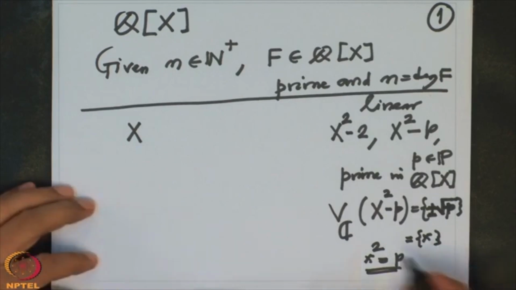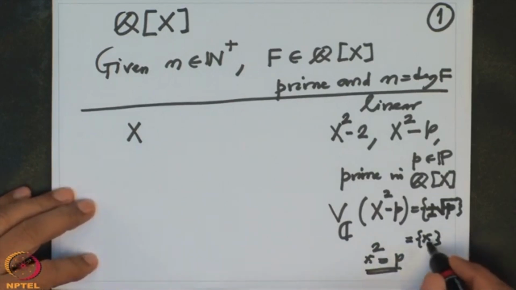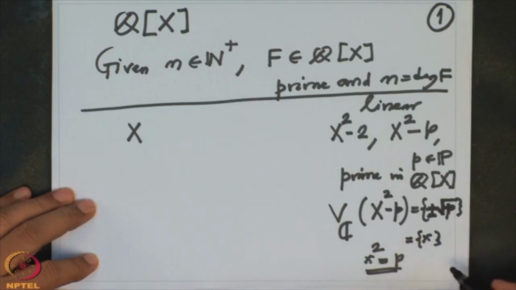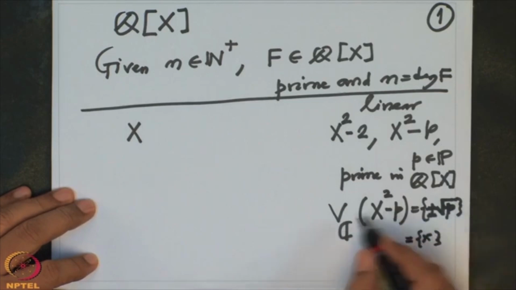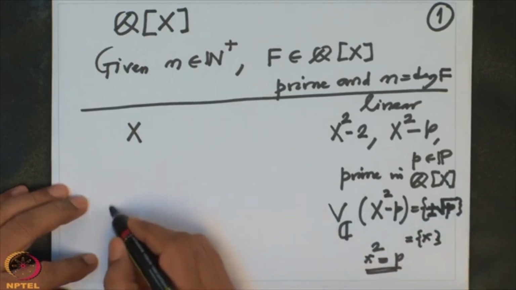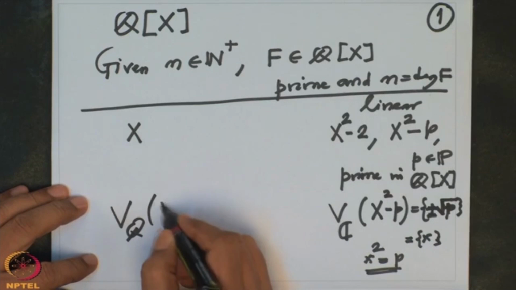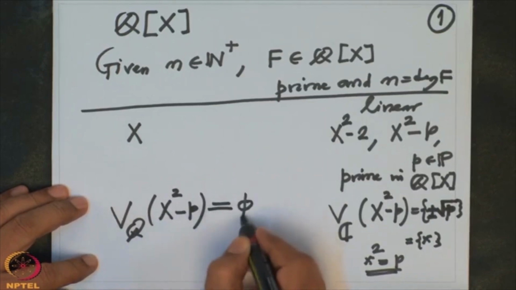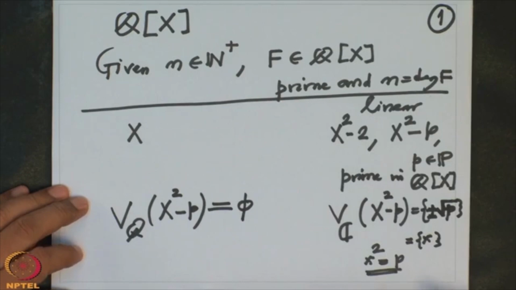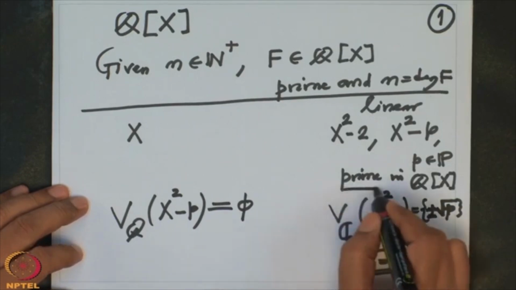These are non-rational numbers, so none of them is in Q. Therefore the zero set of this polynomial over Q is the empty set, so it doesn't have a linear factor. Therefore they are prime polynomials.